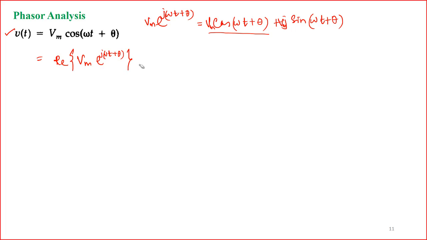Okay, it is fine, right? Now Vm I can write as root 2 Vrms, and I can expand this exponential term as e to the power j omega t into e to the power j theta.